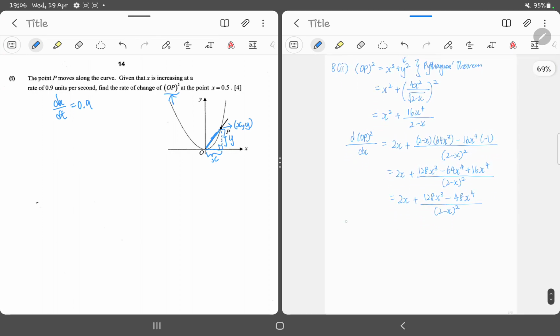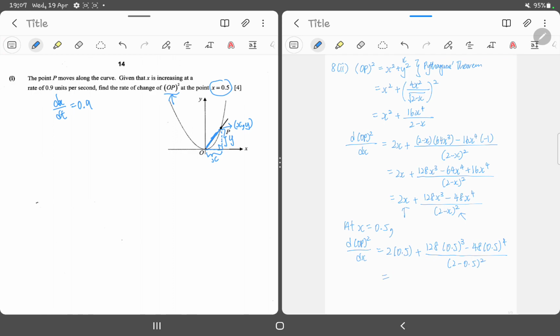And at x equals to 0.5, okay, which is what we are interested in, right? d(OP squared)/dx. Okay, we're going to substitute x equals to 0.5 over here. Is actually 2 bracket 0.5 plus 128 bracket 0.5 cubed minus 48 bracket 0.5 to the power of 4 divided by 2 minus 0.5 bracket squared.